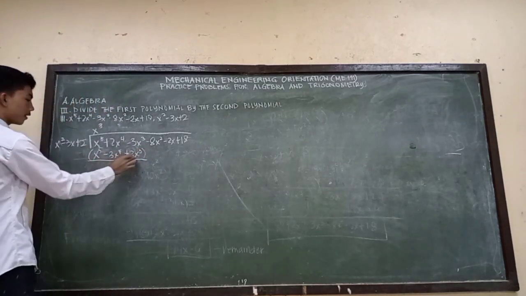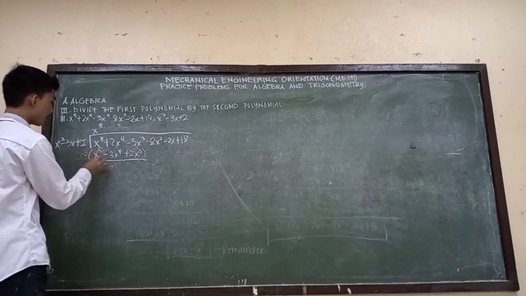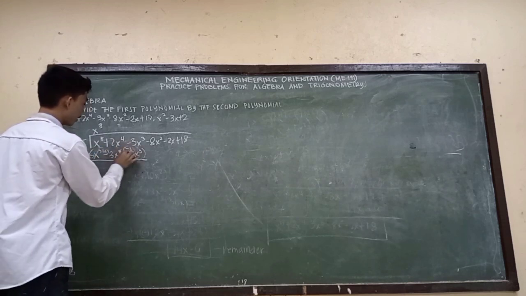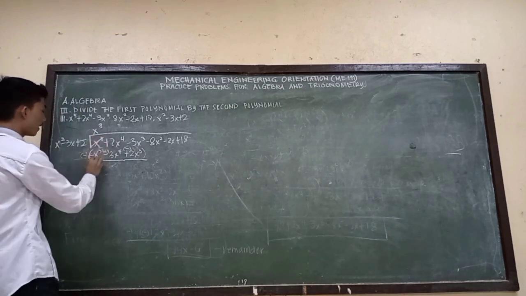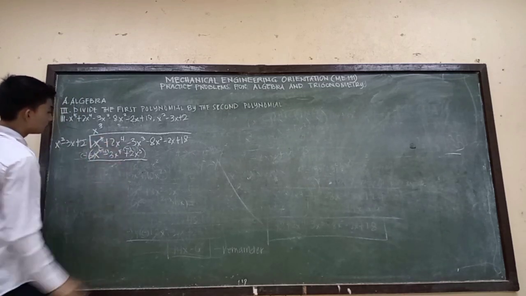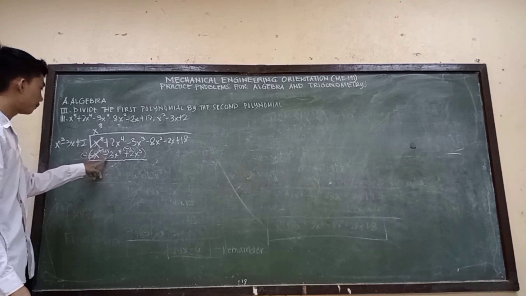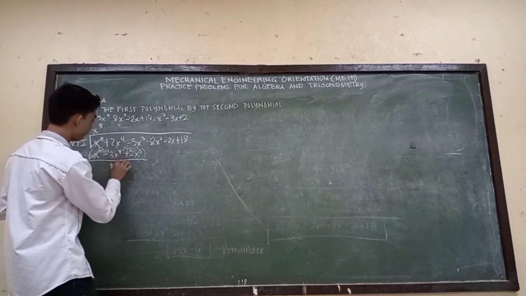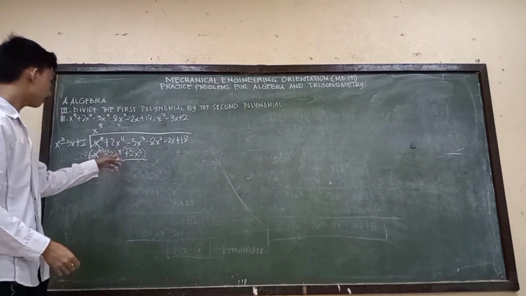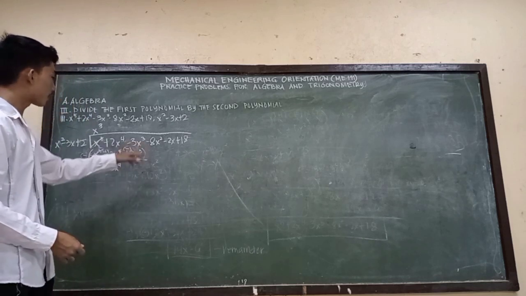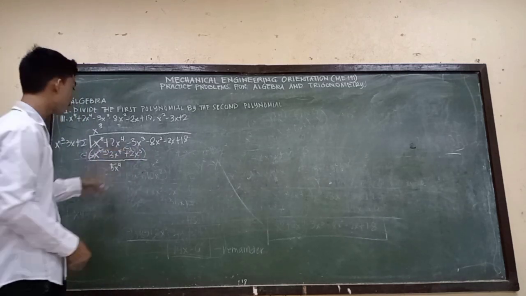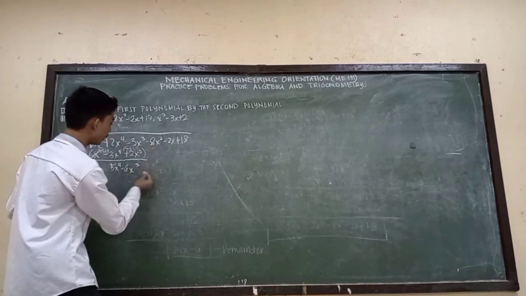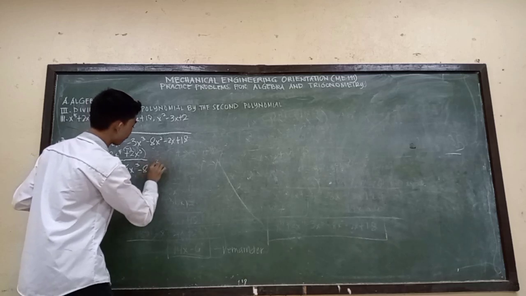We will multiply this equation with negative signs, so it will be negative, this one will be positive, and this one will be negative. Cancel, and then 2x to the fourth plus 3x to the fourth will give us 5x to the fourth. 3x cubed minus 2x cubed will give us negative 6x cubed. Then bring down negative 8x squared.